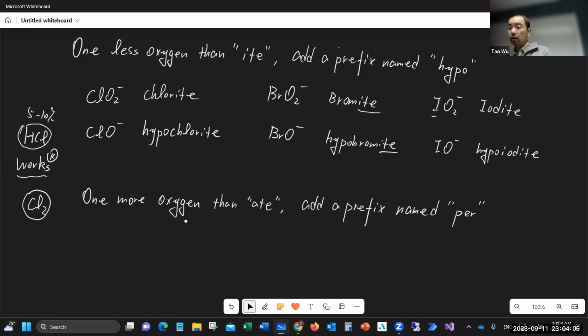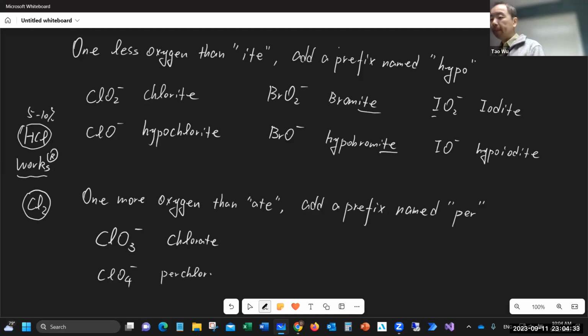Generally not so many compounds have this. Again, ClO3 minus is called chlorate, and ClO4 minus, with the prefix, is called perchlorate.